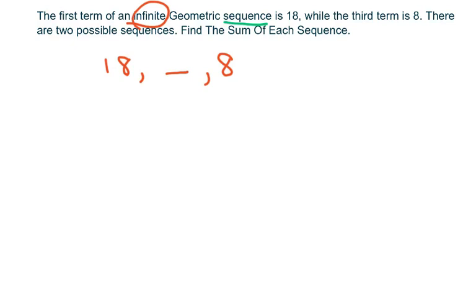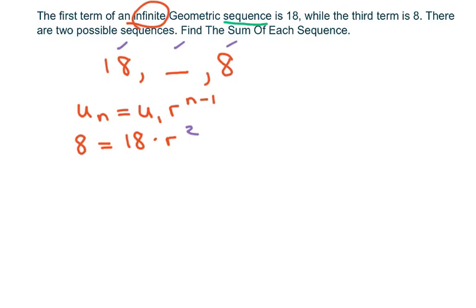So to find my r, I'm going to use u sub n equals my first term times r to the n minus 1. So my last term is 8 equals my first term, 18, times r, which is what we're looking for. I have 3 terms, so 3 minus 1 is squared.